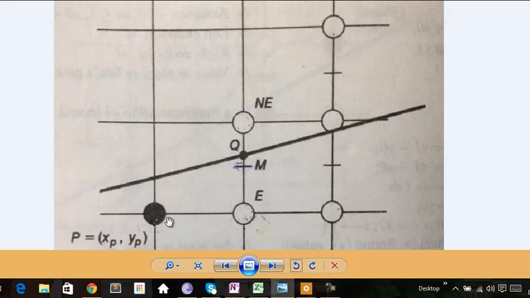But that is not always the case. Sometimes the line goes in between the pixels or outside the pixels.